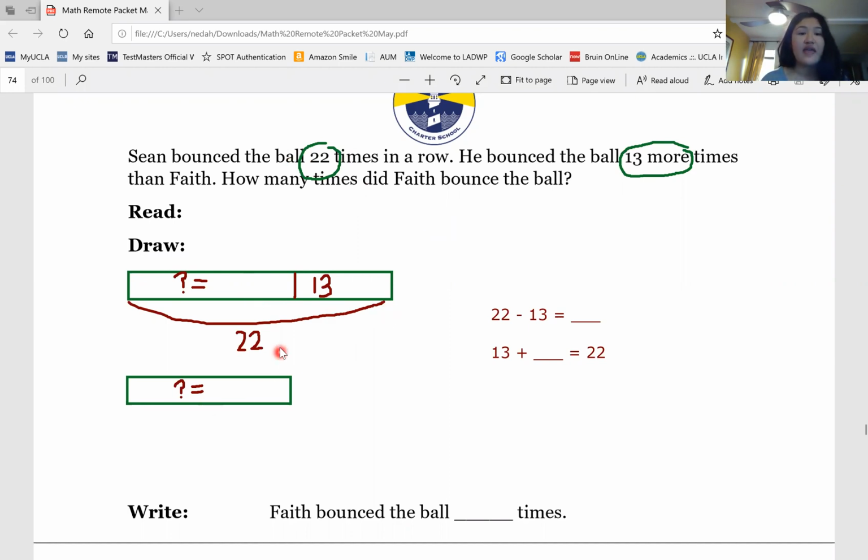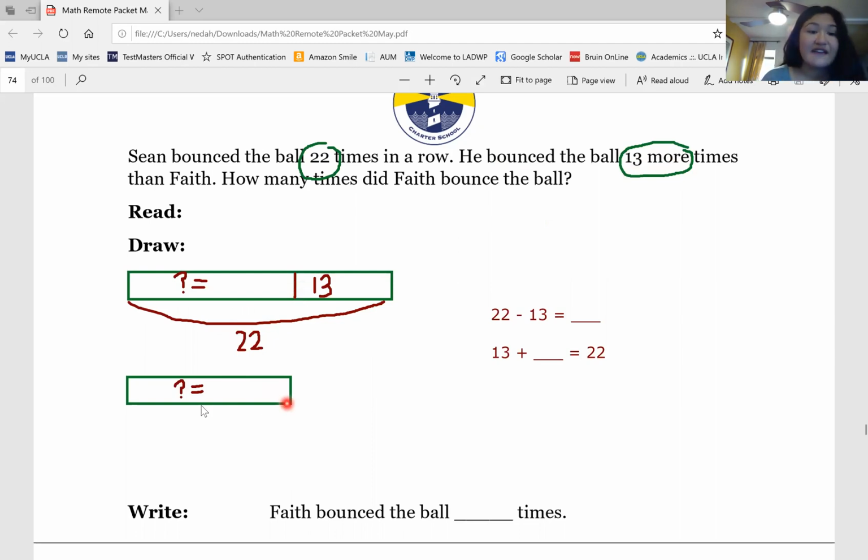Remember that we know that Sean bounced the ball a total of 22 times, and he bounced it also 13 more times than Faith. So pat on the back if you got 22. Pat on the back if you have this part right here of 13.